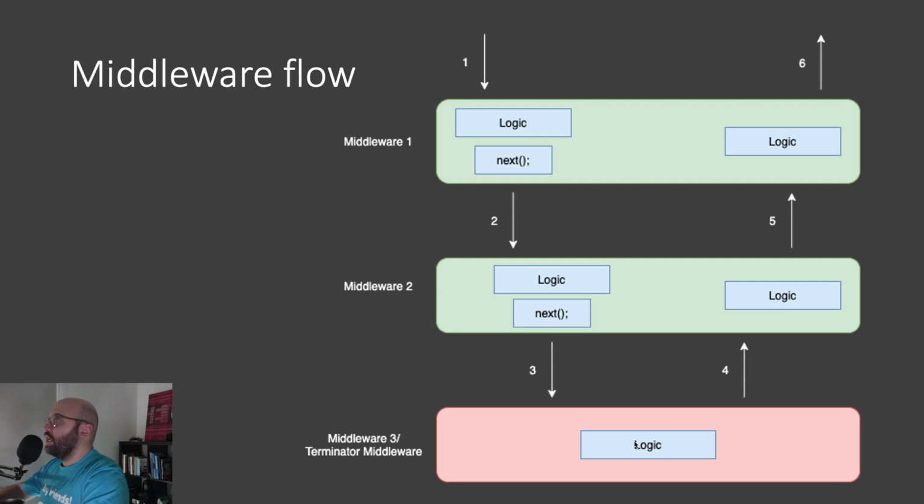Once that has happened, it goes up the chain, sending the request back to middleware 2, which executes some logic, and after middleware 2 has finished its logic, it sends a request back to middleware 1, which executes more logic, and finally it sends a request back to the HTTP pipeline, and then it gets terminated.